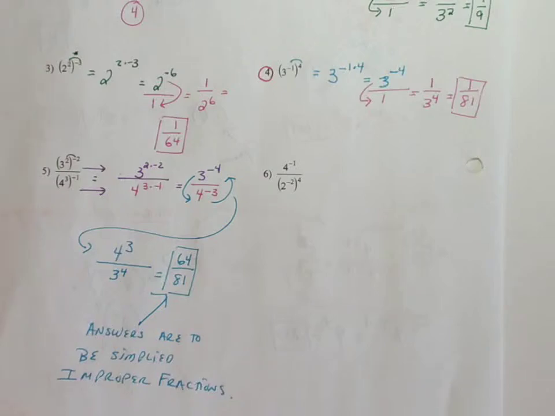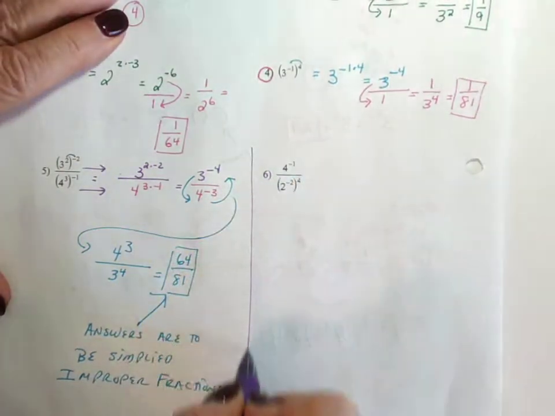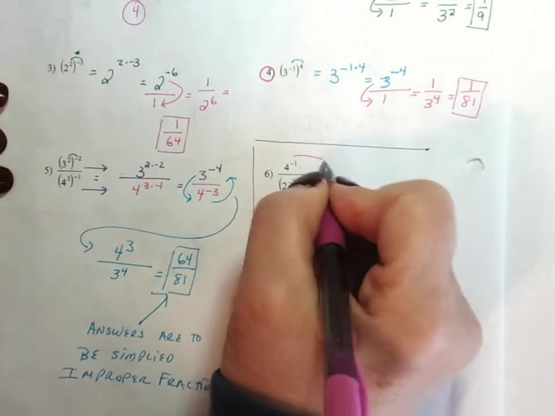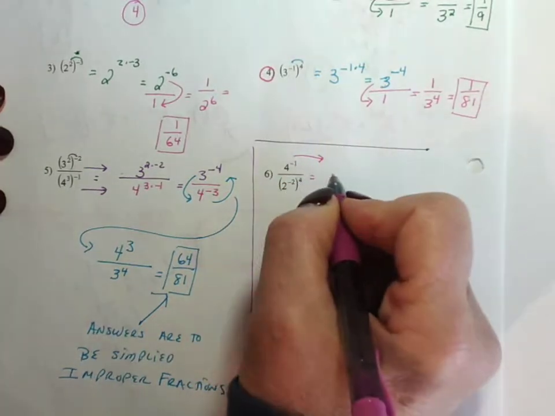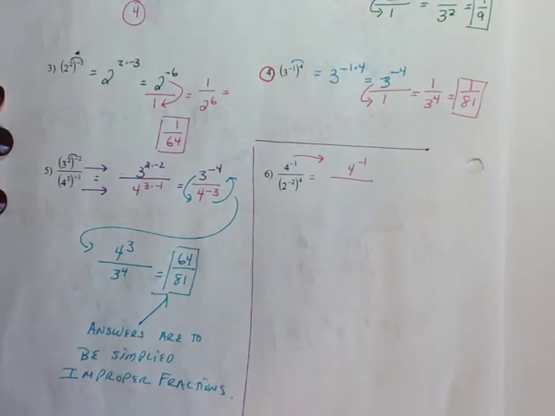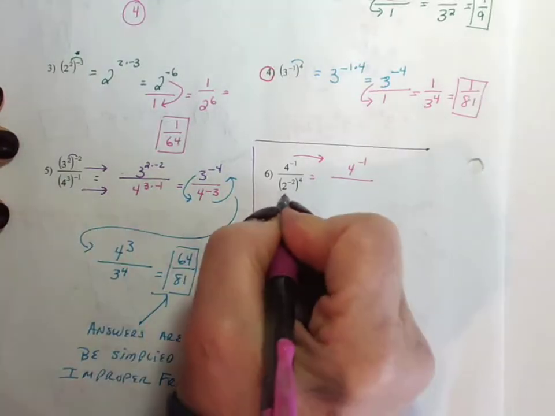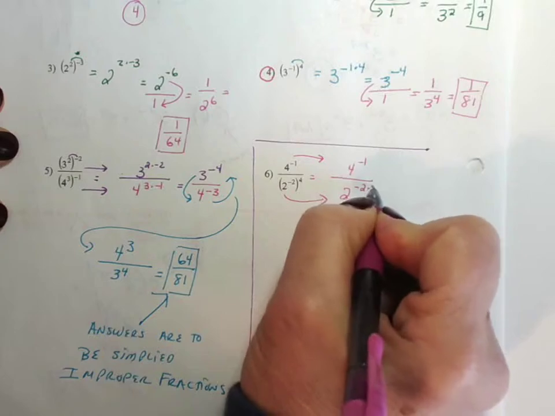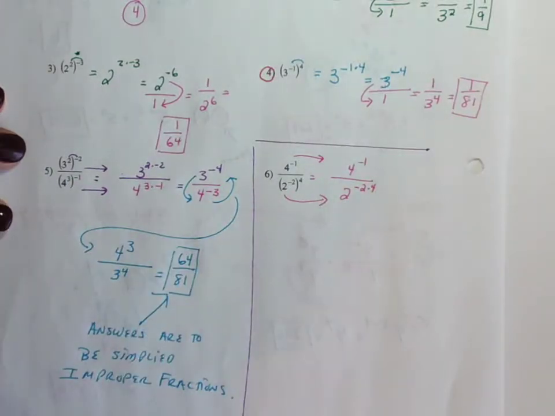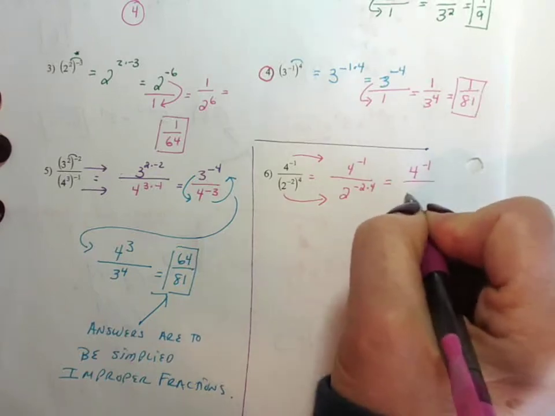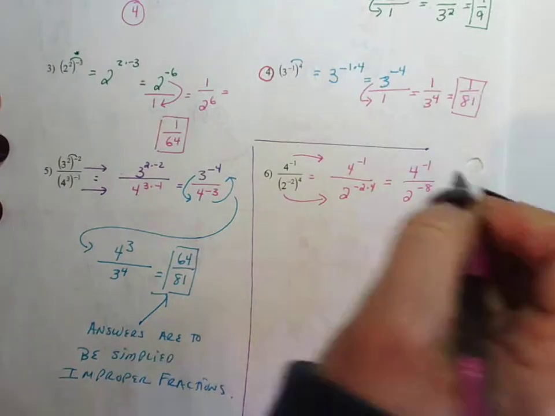Okay, we have one more. So again, work with your numerator first. So I have 4 to the negative 1. And then in the denominator, I have 2, negative 2 times 4. So this simplifies to 4 to the negative 1 over 2 to the negative 8.